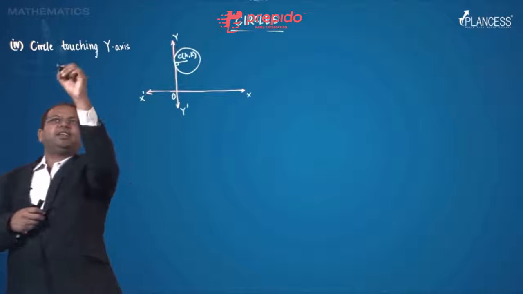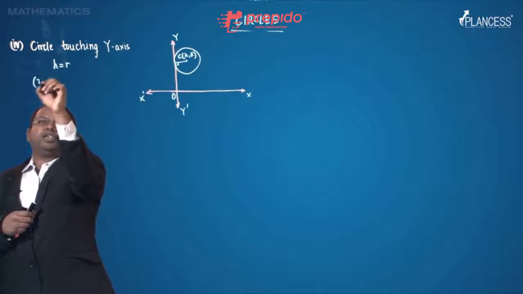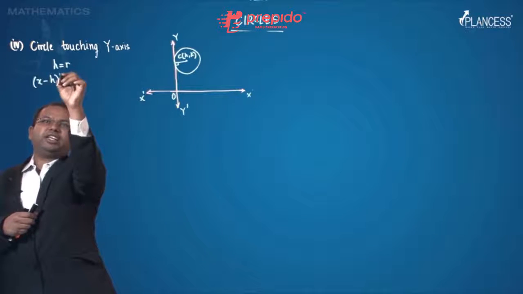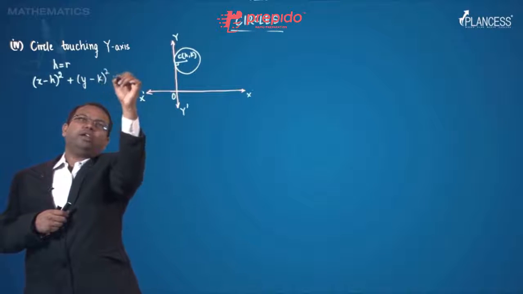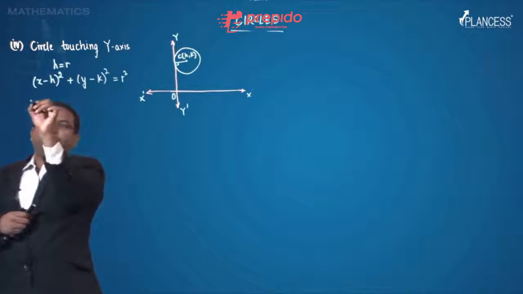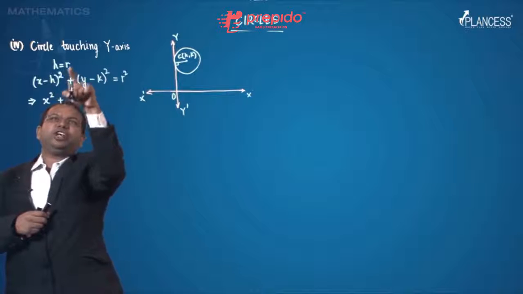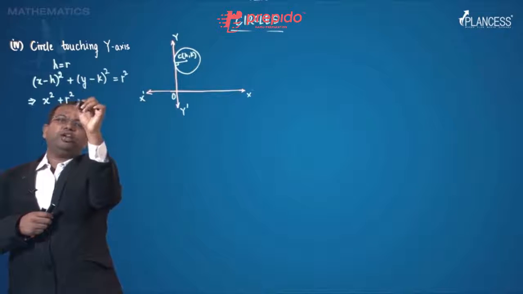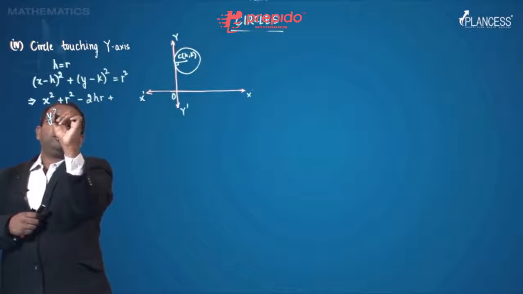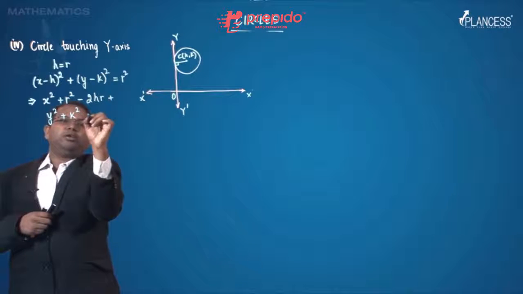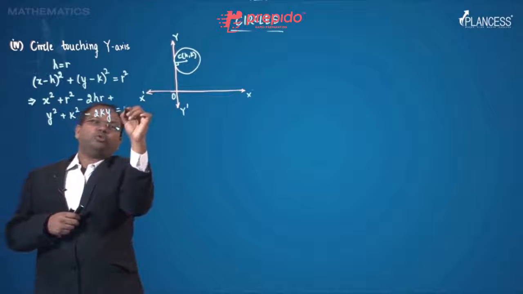So in this case, clearly h will be equal to r, and the equation that we had, (x minus h) whole square plus (y minus k) whole square equal to r square, will become x square plus, instead of h now we are putting r, we have r square minus 2hr plus y square plus k square minus 2ky equal to r square.